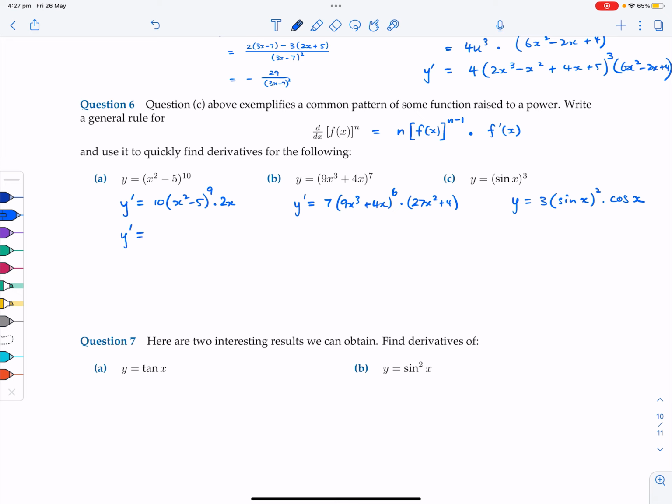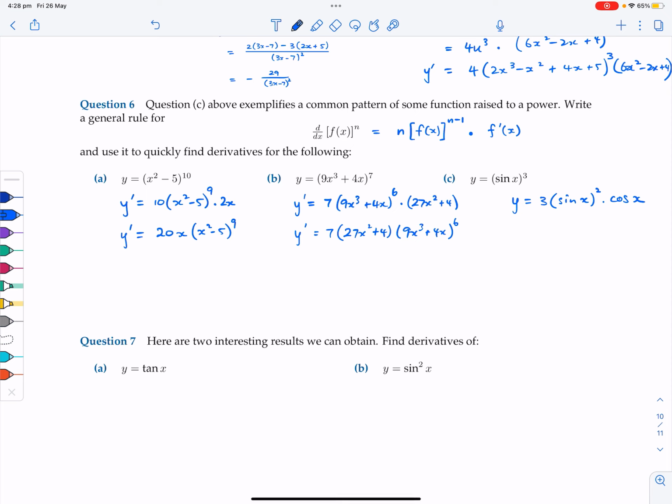Now the only thing to do here is just to tidy up. So the 10 and the 2 combine to make 20, and I'll put the x in front. So that's 20x times (x squared minus 5) to the power of 9. And here I might put the smaller thing in front, going from smallest to biggest: 7 times (27x squared plus 4) times (9x cubed plus 4x) to the power of 6.